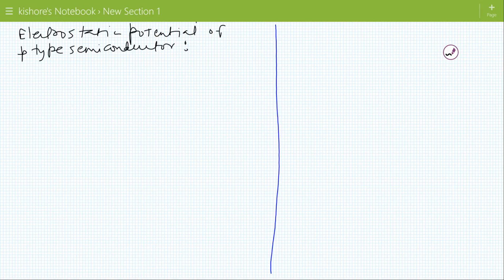Now, the expression for concentration of holes is NV e to the power EF minus EV by KT.